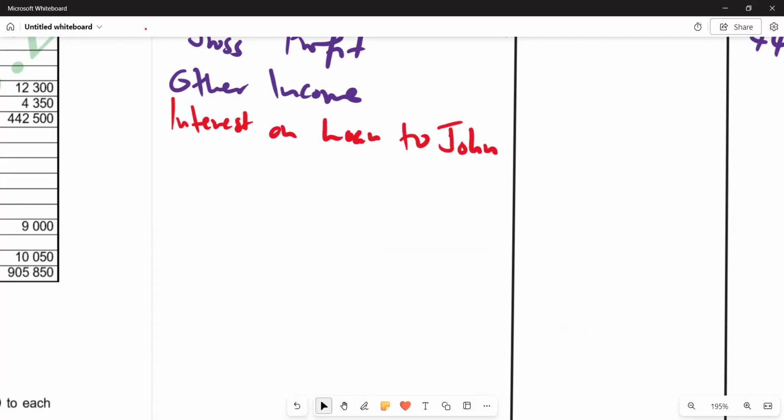So the figure that we got there was 3,713. So we can just go there and try to find out about any other income that we are given in the question.